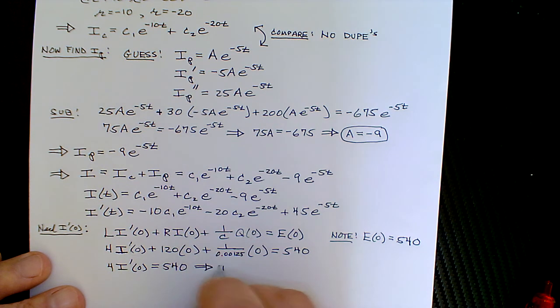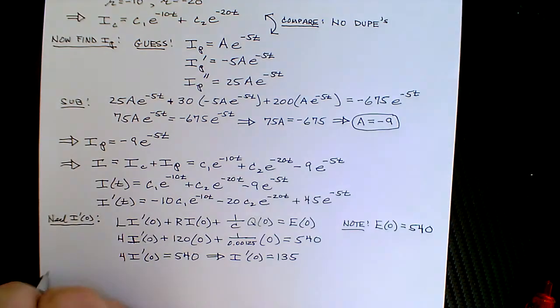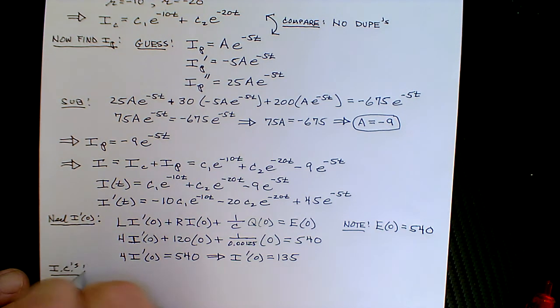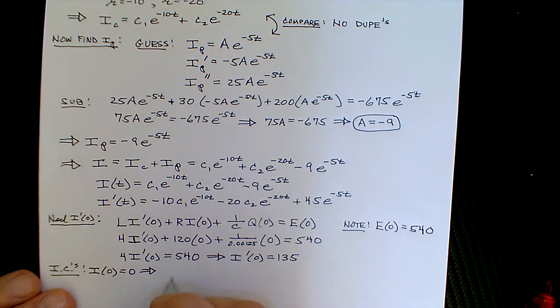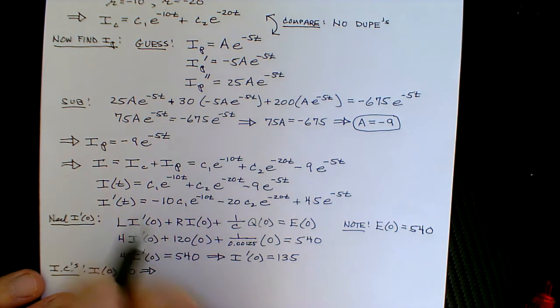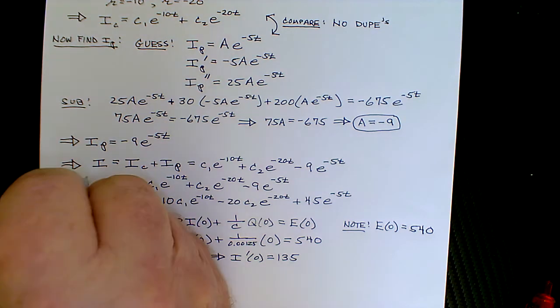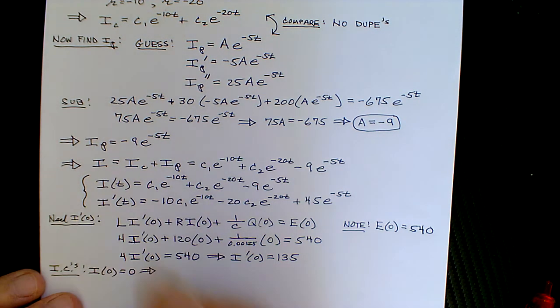And that means that I prime of 0, dividing both sides by 4, is 135. Okay, so now for the initial conditions. I of 0 was 0. So going back to I of t here, now we're looking at these two equations for the initial conditions.